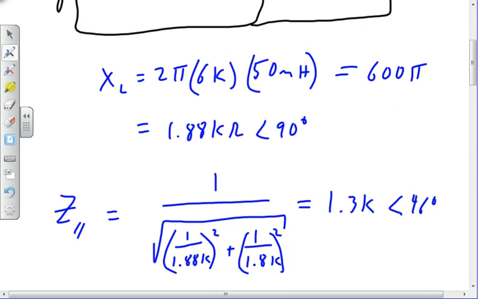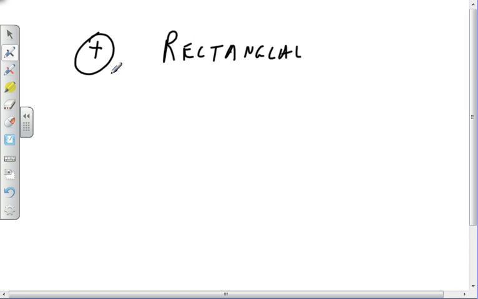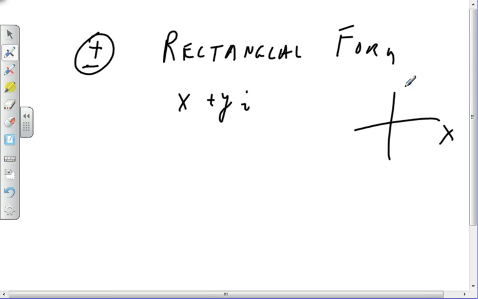So if I want to add or subtract, I want to be in rectangular form, which is in the form x plus yi, where x is in that direction, and the imaginary axis is going up and down.